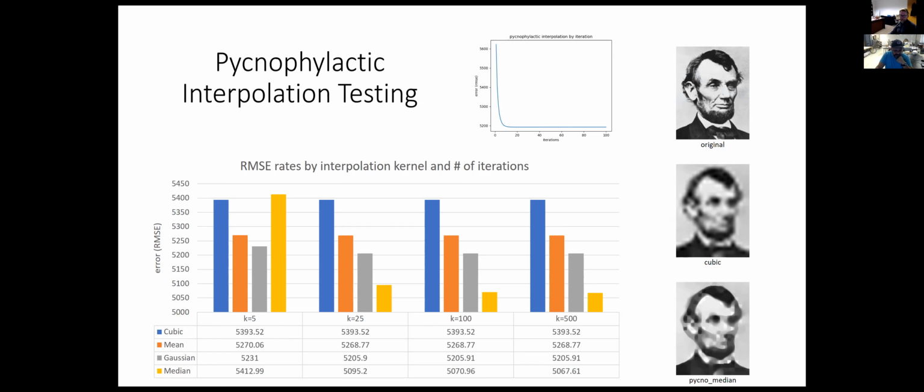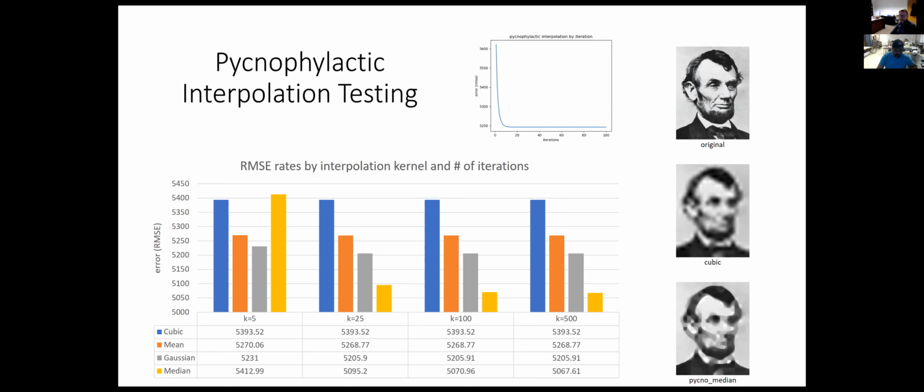You take a raster, blow it up from a bad view, and try to interpolate and figure out what the values should be. The baseline comparison is a cubic interpolator. Most people using things like SciPy are going to be using a cubic interpolator if they're doing resampling.